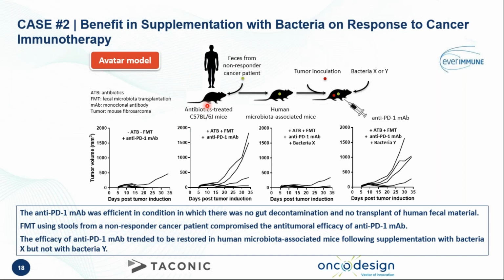Indeed, the avatar model can recapitulate the patient phenotype in recipient mice upon fecal microbiota transplantation. In other words, in the case of a non-responder cancer patient, the resistance to PD-1 blockade is transferred into recipient mice.